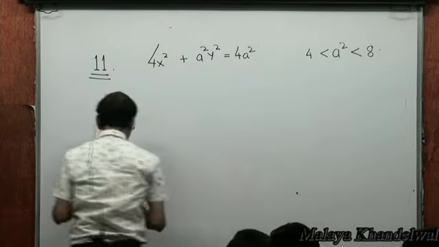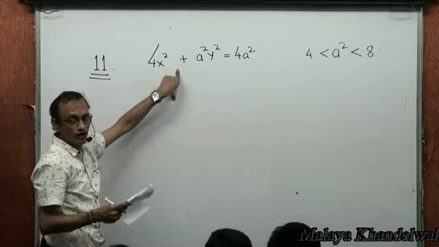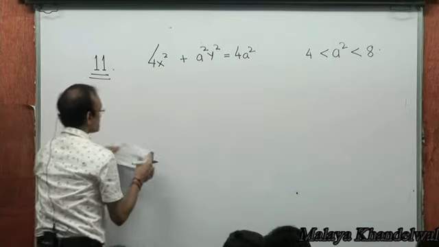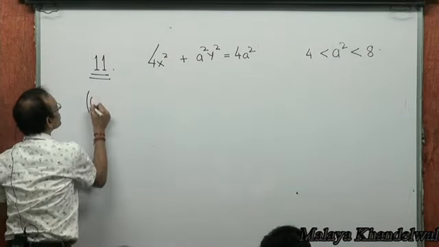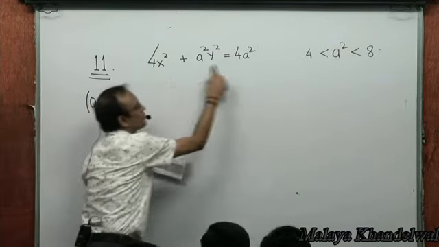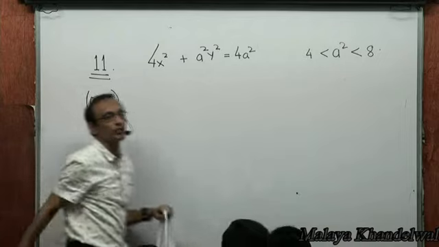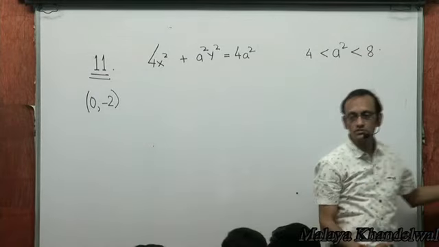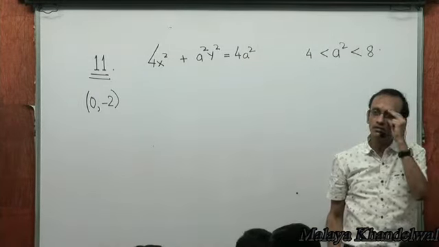We want to find a point on this curve which is farthest from the point (0, -2).